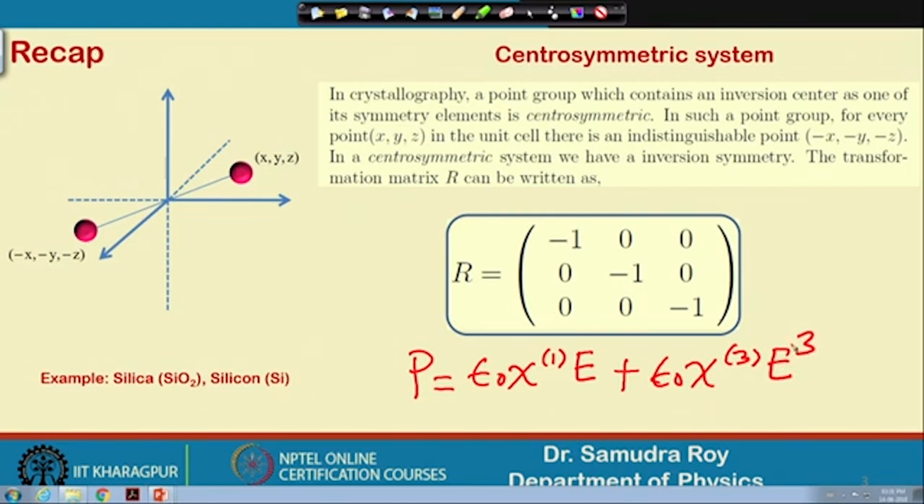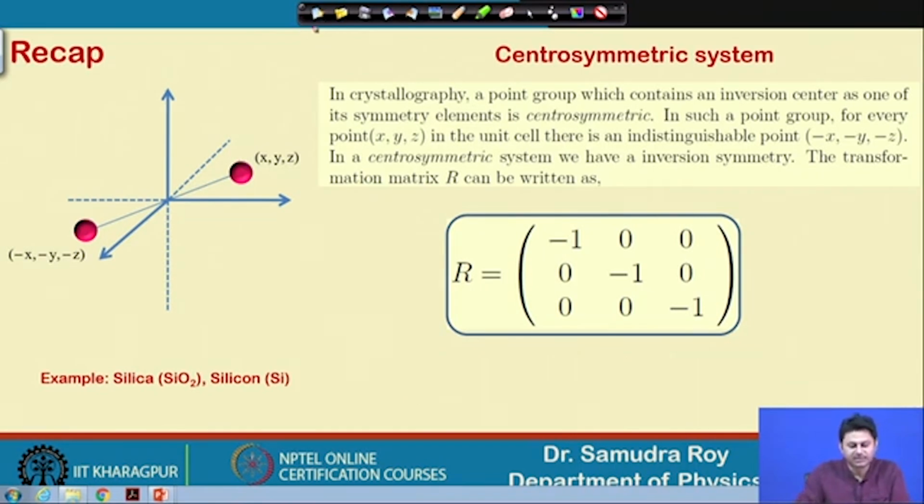Well, what is a centrosymmetric system? Let me describe it briefly. It is a system where we have a center of symmetry. If I change the coordinates x, y, z for a point, then we will have another point at exactly minus x, minus y, minus z. So this material has a symmetry against this transformation, and the transformation matrix R can be represented like this.